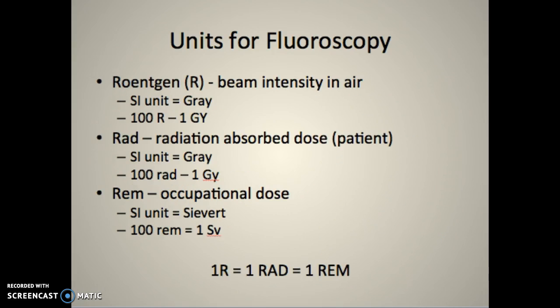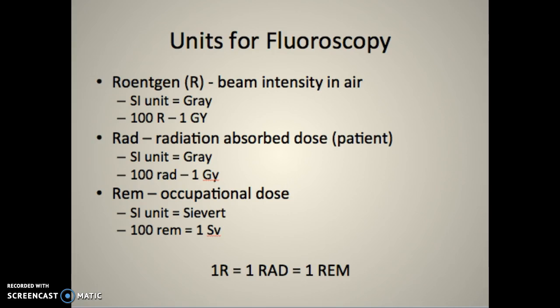So broken down a little bit further, the roentgen is beam intensity in the air. So the SI unit is the gray, and 100 R equals 1 gray, or if we say air kerma also. So the RAD is the absorbed dose, so that's what's given to the patient, and the SI is the gray, and 100 RAD equals 1 gray.